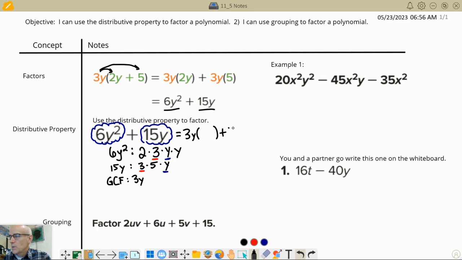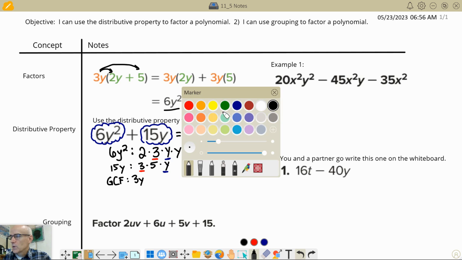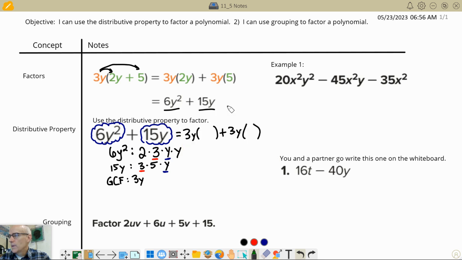And I'm going to write 3y times something else, that's going to be my 15y. Now, to figure out what goes in these parentheses, you take the remaining factors. Let me go green. Okay. And I'm going to take the remaining factors, which were 2 and y for the 6y squared, right? And I'm just going to put the remaining factors in there.